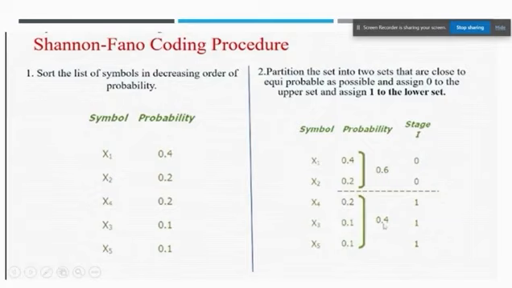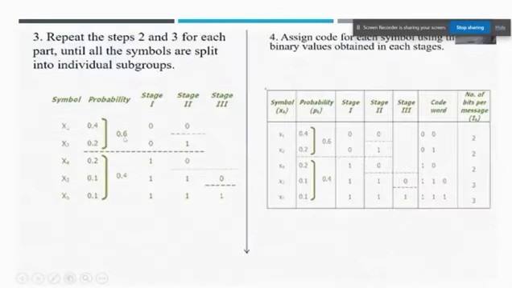By adding 0.4 and 0.2, we get 0.6 as the sum, and 0.4 as the sum for set 2, so that we have a small difference between the two numbers. We take the upper one as the upper set and the lower one as the lower set, assigning zeros to the upper set and ones to the lower set.